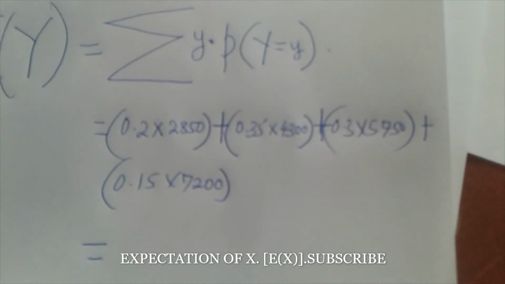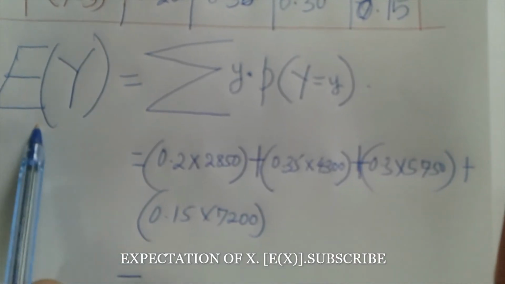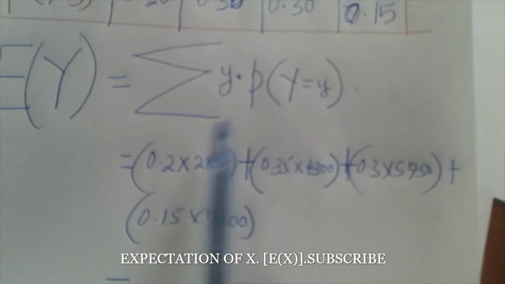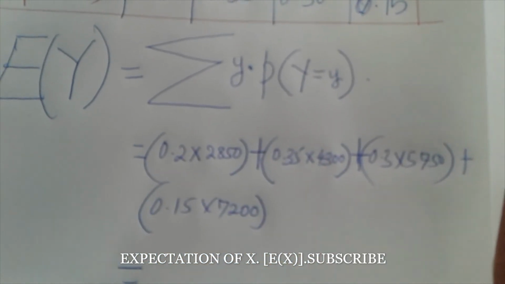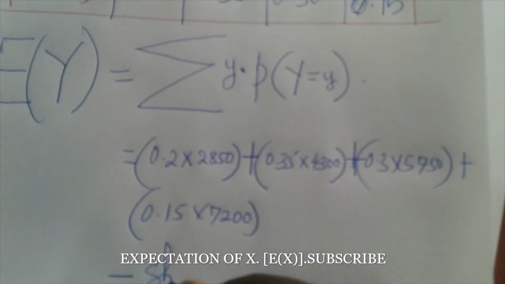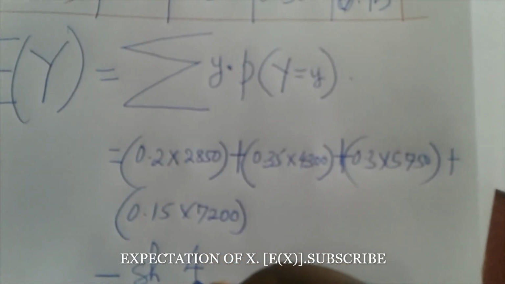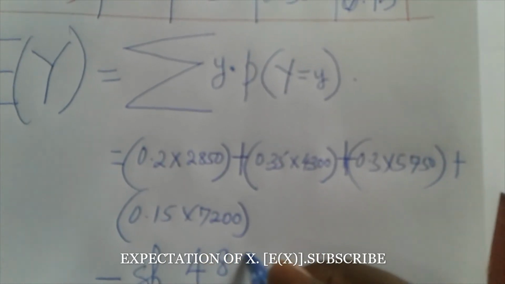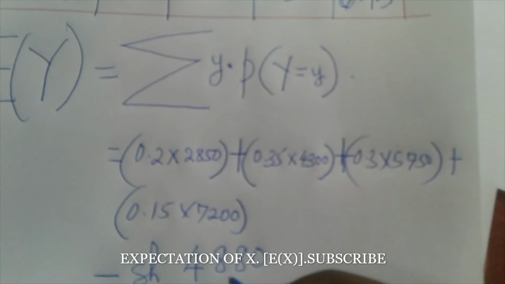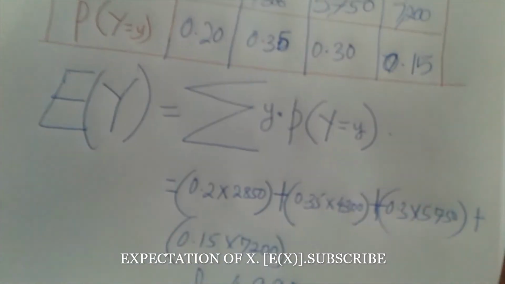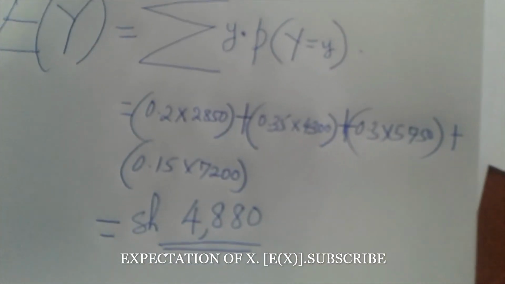And that will give out the expectation of y, as you can see, viewers. Briefly, that gives us 4,880 shillings.